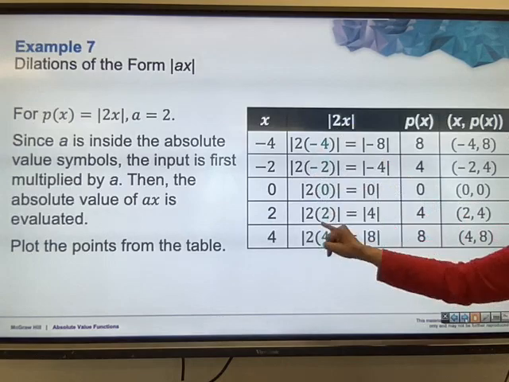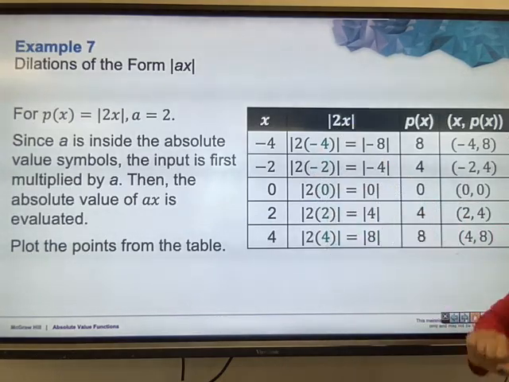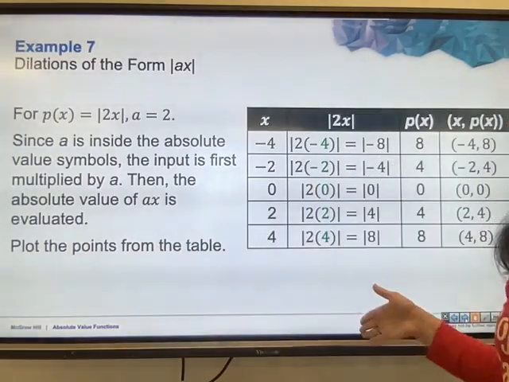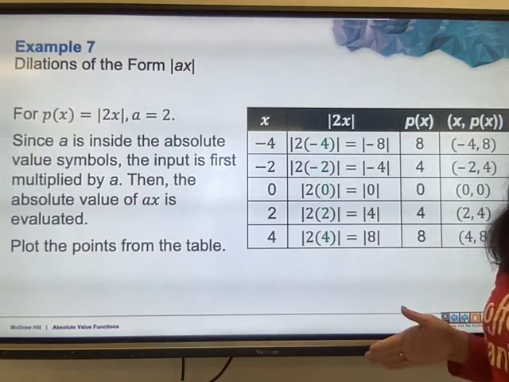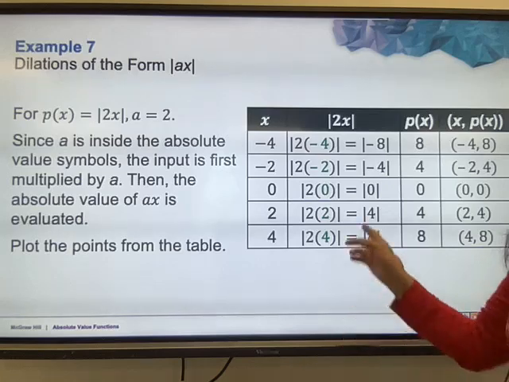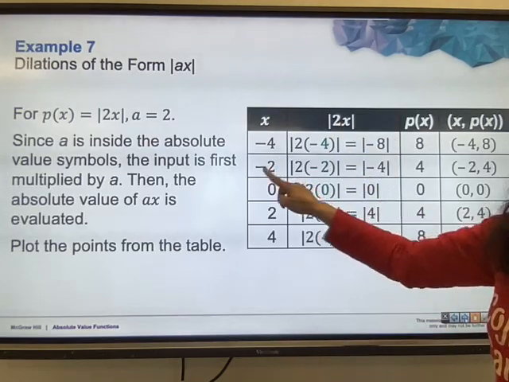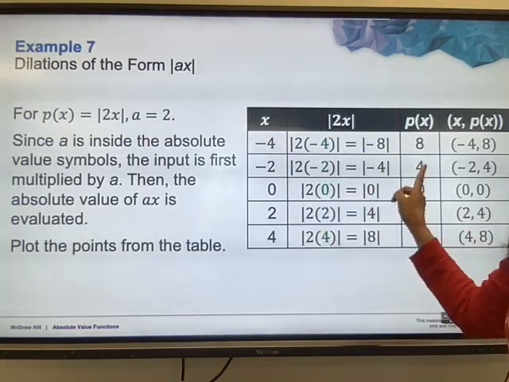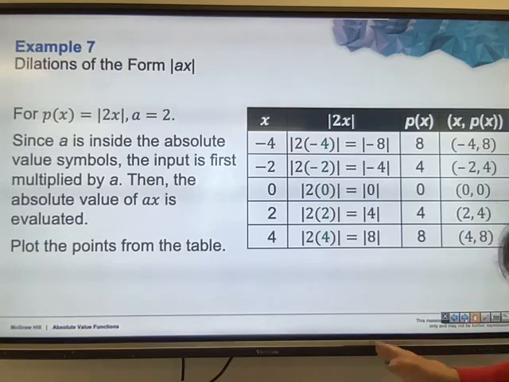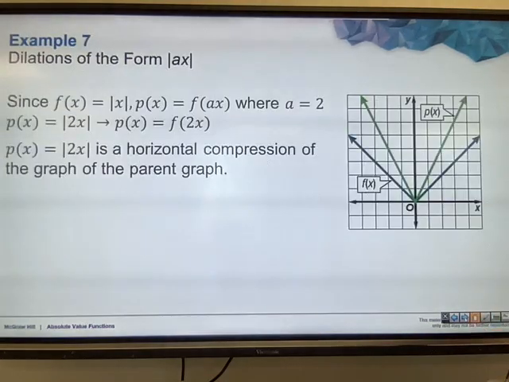So this is 0, this is 4, this is 8. And then we find the absolute values of each of them, and I get 8, 4, 0, 4, 8. And therefore, my ordered pairs are (-4, 8), (-2, 4), (0, 0), (2, 4), and (4, 8). And I am going to put this into the graph, which is here.